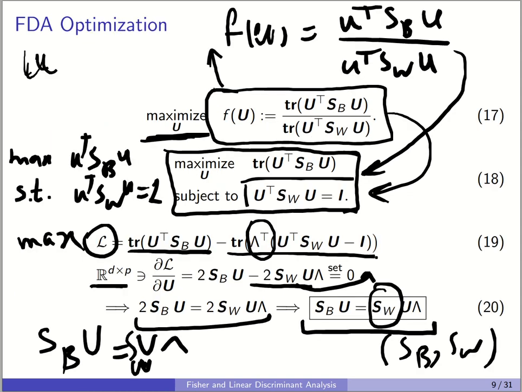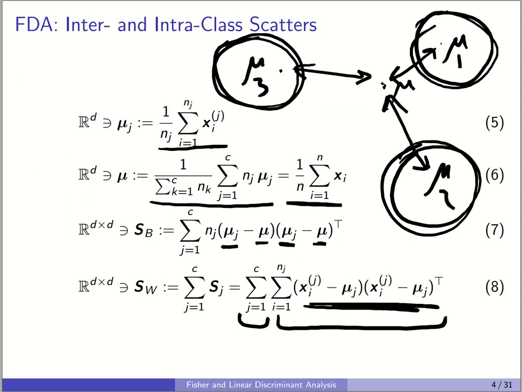This was S_W, equation 8. It says we have a summation over classes and over the samples of classes.